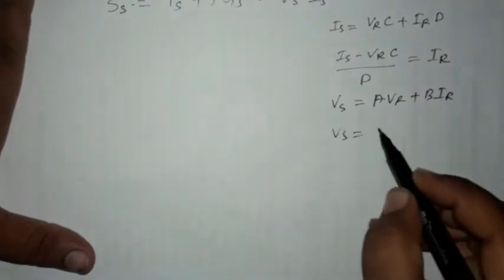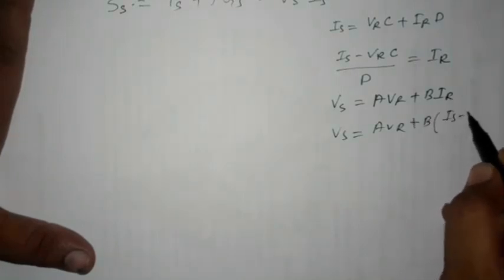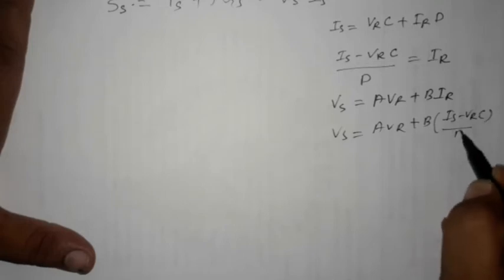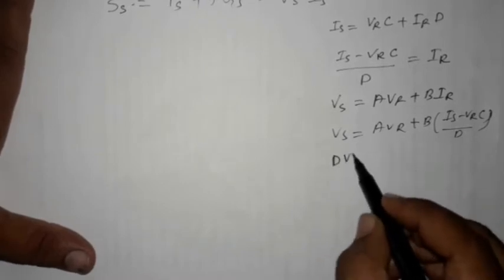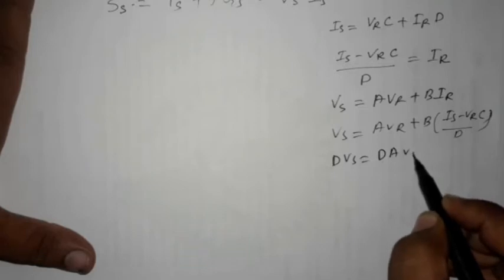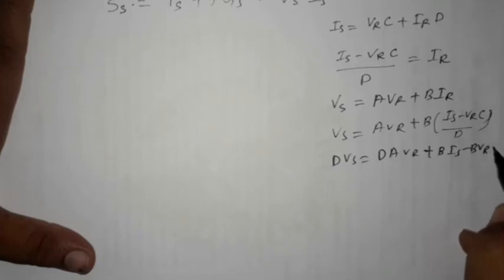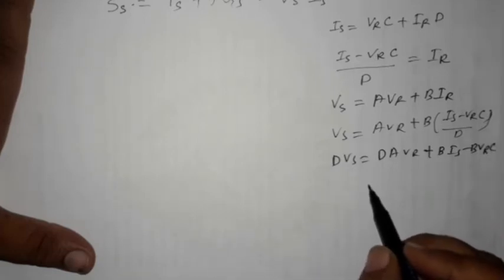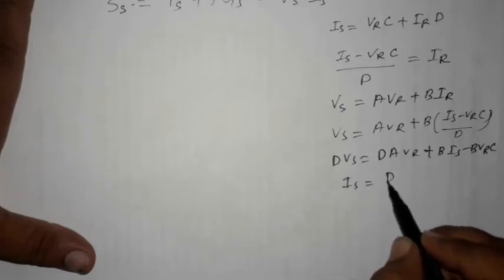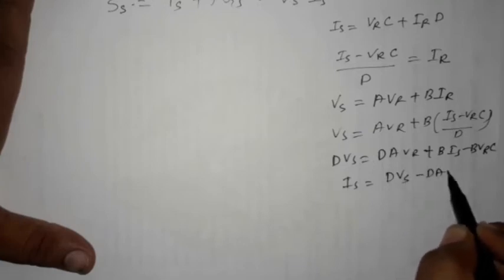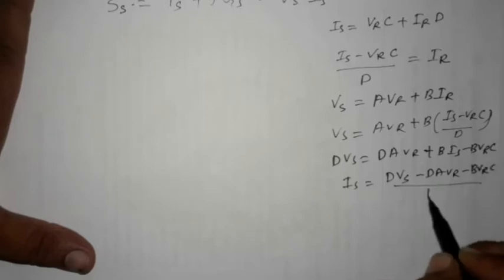So we get Vs equal to A VR plus B into IR, where IR is equal to Is minus VR into C by D. Now multiply this equation with D. So D Vs is equal to D A VR plus B into Is minus B VR into C. So we want to find the current Is. So Is is equal to D Vs minus D A VR minus B VR C, by B.